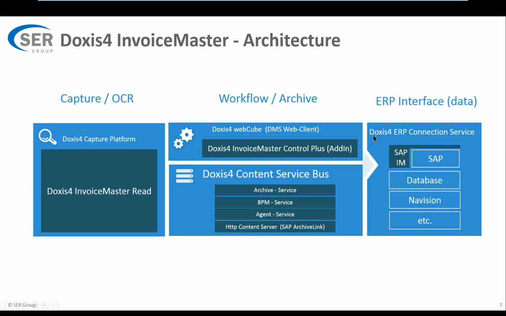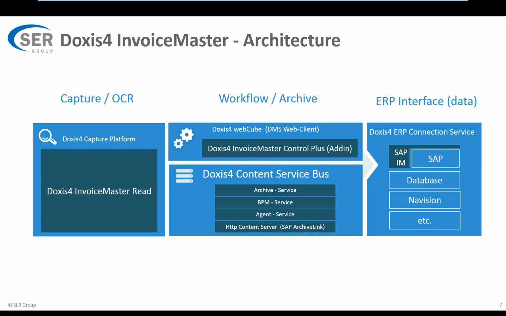On the right part, you see also an important component. This is the Doxis4 ERP connection service. It's important to know that we use this ERP interface. We took all the interface functionality and separated it from the business logic, from the workflow logic.